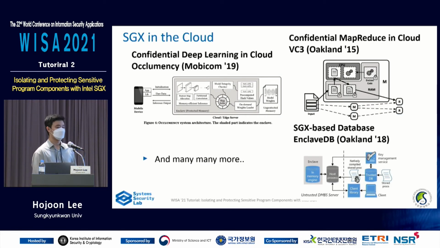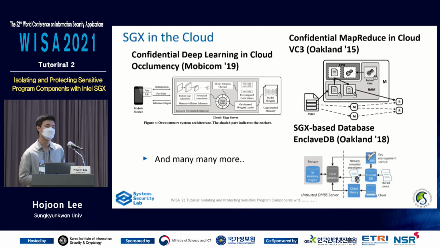There are a lot of papers published on this topic. One example is Occlumency, which showed that you can perform confidential ML training in the cloud using SGX. This was published in MobiCom 19. Another contribution made by the authors is to split up the workload in batches so it can be fed into SGX.